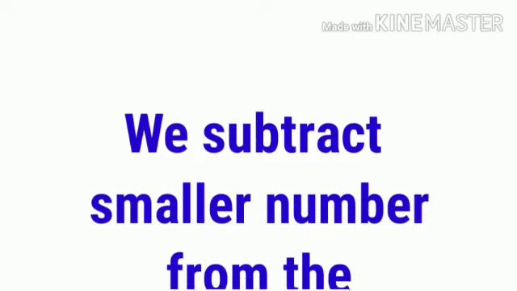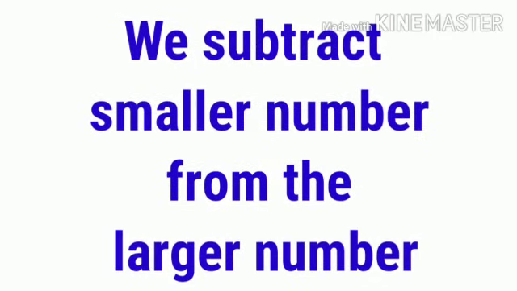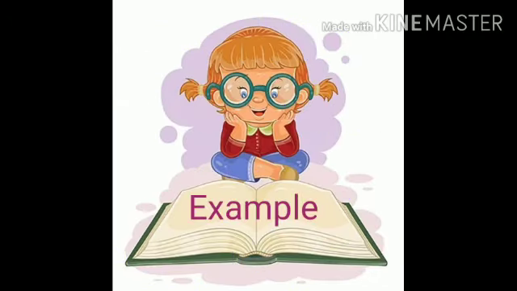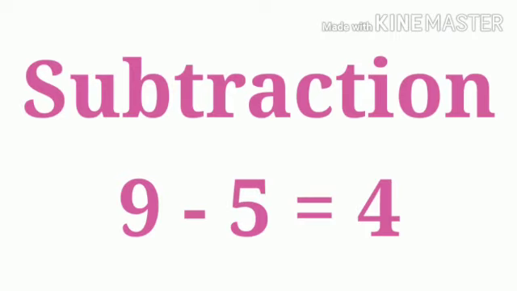We subtract smaller number from the larger number. Let's take an example. I have 9 sweets. I give 5 sweets to my sister. How many sweets are left with me? Here I will subtract 5 from 9.